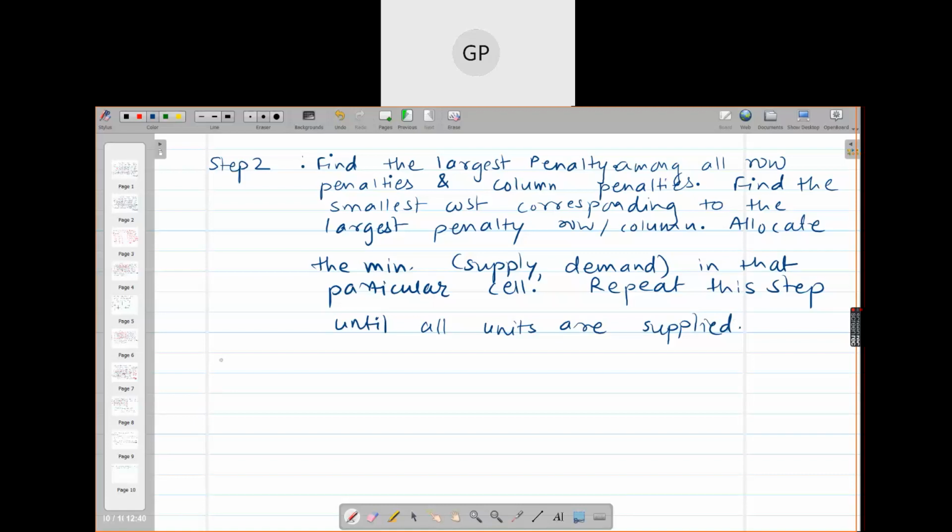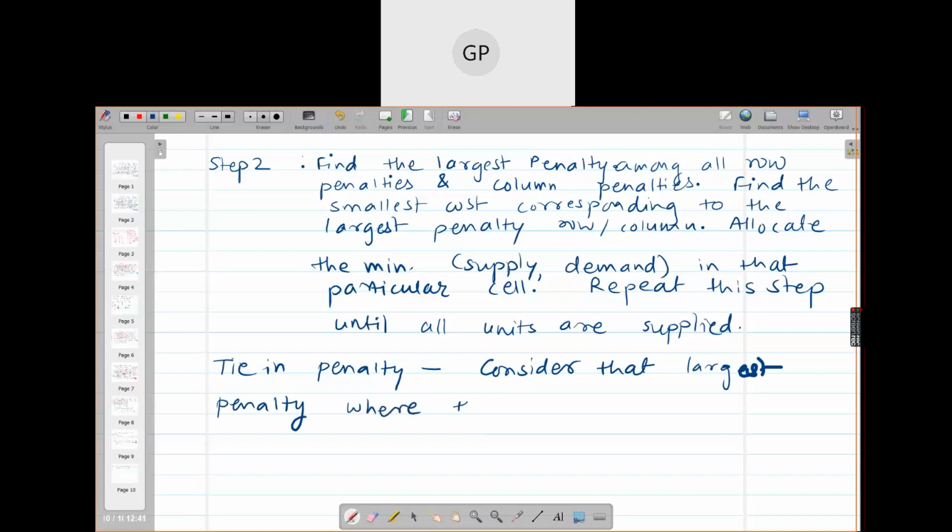Now, if there is a tie in penalty, consider that largest penalty where the cost is least.